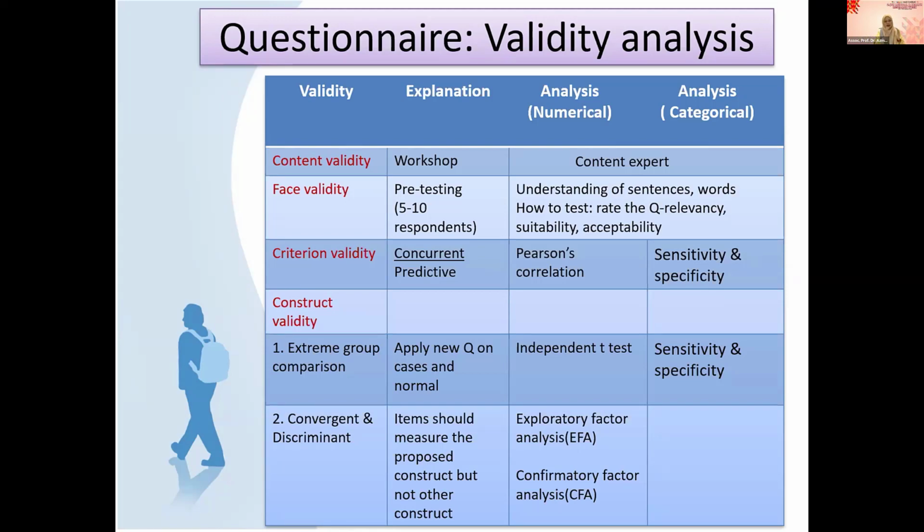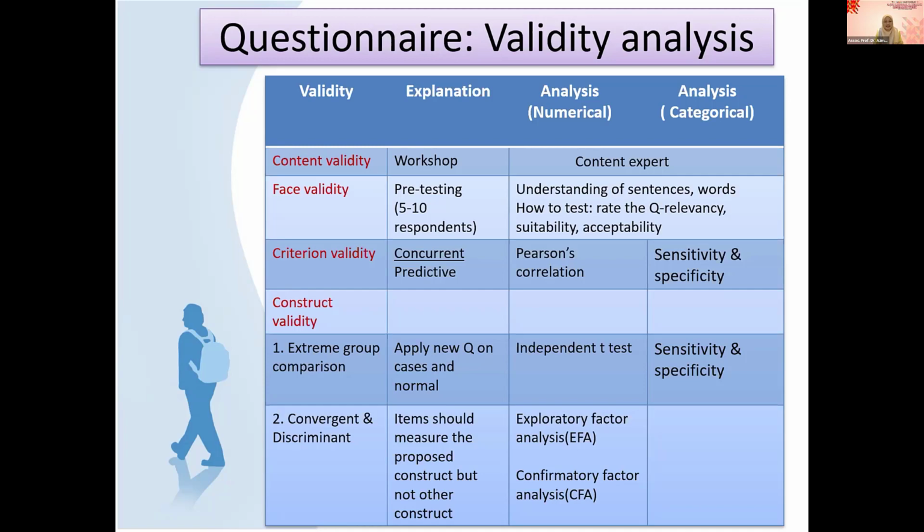So that when we ask about knowledge, we have knowledge and attitude, for example. So knowledge, there are some items, attitude, there are some items. We must make sure that it's actually convergent and discriminant, so that you are not asking the same question. And you thought it's different, but the analysis will tell you whether it's actually convergent or discriminant from each other.